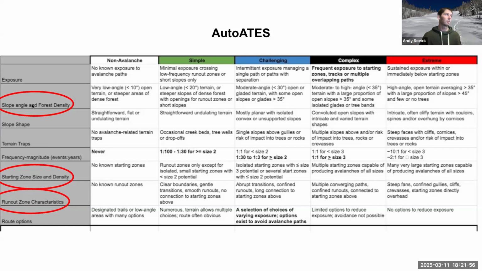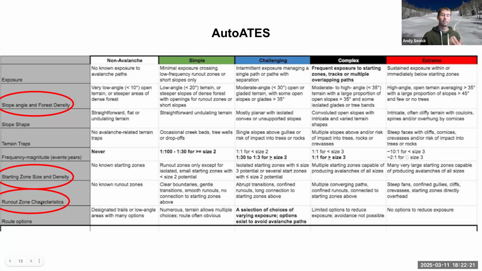So slope angle and forest density, these are two very big important factors. We use our LiDAR data for slope angle, and we use Sentinel imagery for forest density. We measure starting zone size and density by measuring slope angle again, and then the size of slope. We actually will measure the size of an uninterrupted given piece of slope, and then runout zone characteristics.